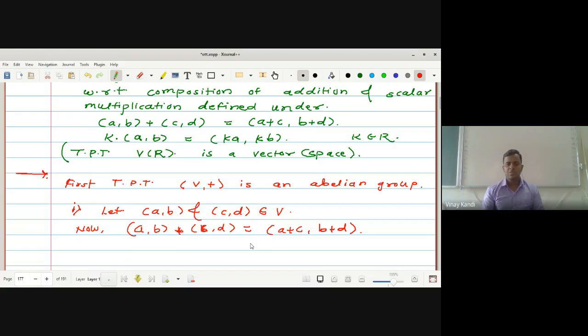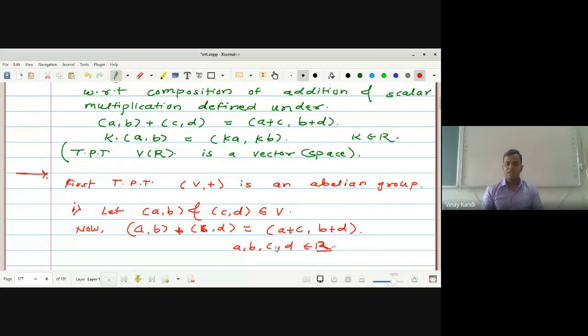But what are A, B, C, D? They belong to R, the set of real numbers. But the set of real numbers is a field, which means it is an abelian group. Hence A plus C and B plus D also belong to what?